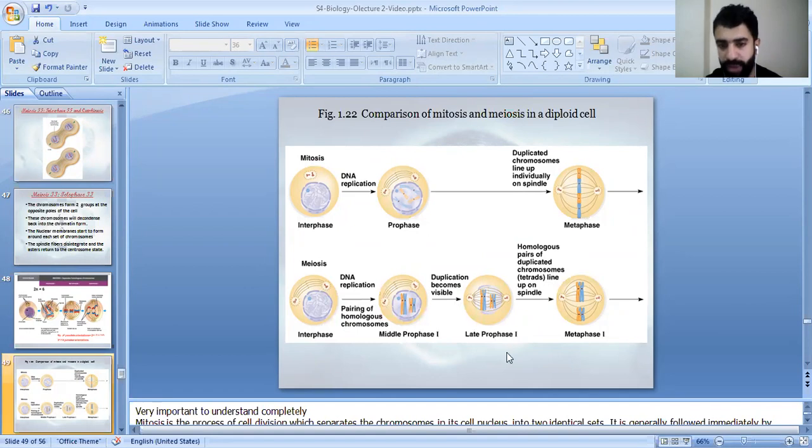At the end, we have duplication and the amount increases, and the homologous pairs of duplicated chromosomes line up at the middle of the cell. We said that instead of saying homologous pair of duplicated chromosomes, you can simply say tetrads. While in mitosis, the chromosomes line up at the middle of the cell. In meiosis 1, metaphase 1, the tetrads line up at the middle of the cell.